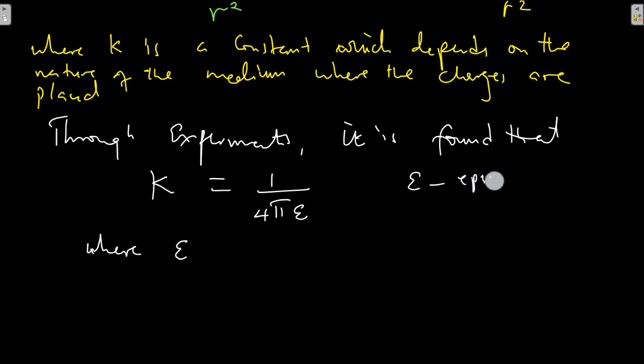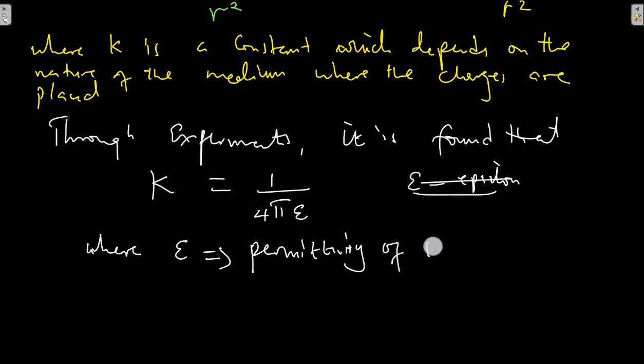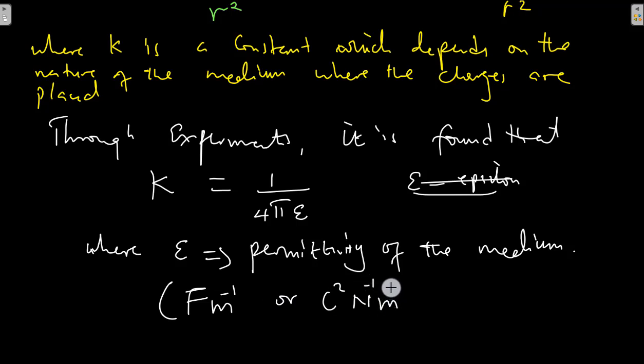In this case, it stands for the permittivity of the medium. We'll talk about this later. Epsilon is the permittivity of the medium, and it is measured in farads per meter or coulomb squared per newton per square meter. The choice is yours, but both units can work. We'll explore more about the permittivity of the medium later.